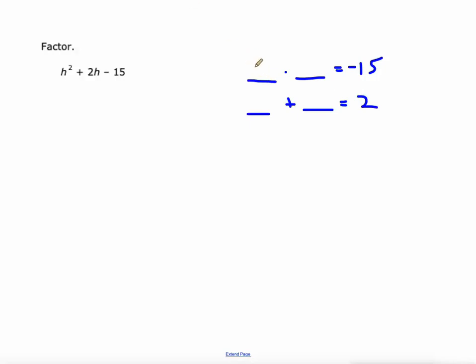What about 3 times 5 is 15? So the question is, which one is negative? One of them is negative. Well, they add up to a positive 2, so the bigger absolute value should be the positive one. So we'll use negative 3 and 5. That'll work. So h minus 3 times h plus 5.